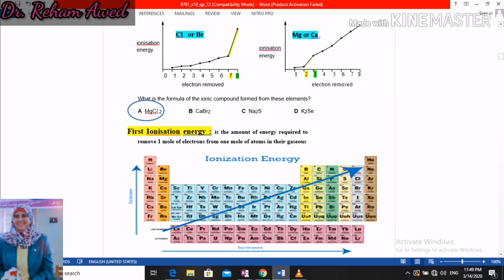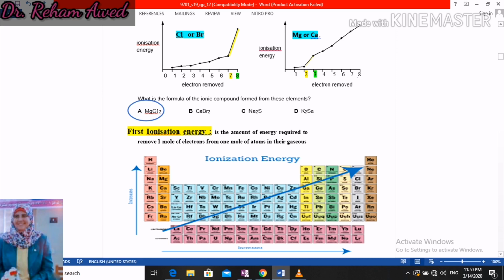And in the next element, we have a great jump between the second and the third electron. When we start to remove the third electron, we will need a very high amount of energy. Why do we need such a high amount of energy? Because we are taking electrons highly attracted to the nucleus.